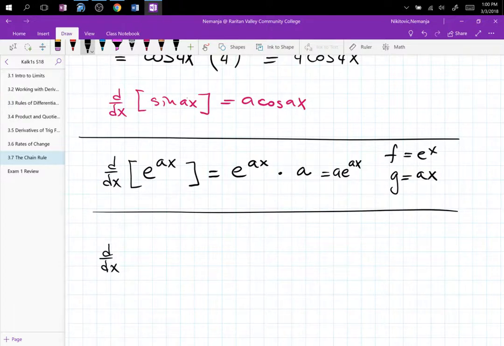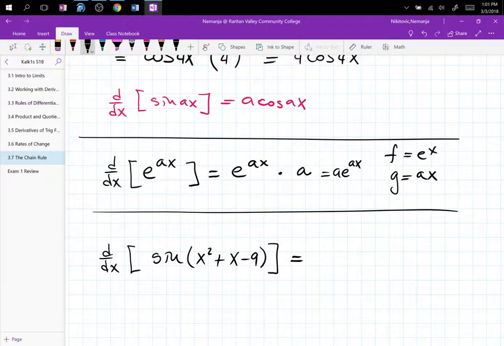What is the derivative of sine of x squared plus x minus 9? Well, f is sine x, right? And g is x squared plus x minus 9. So what is the derivative?